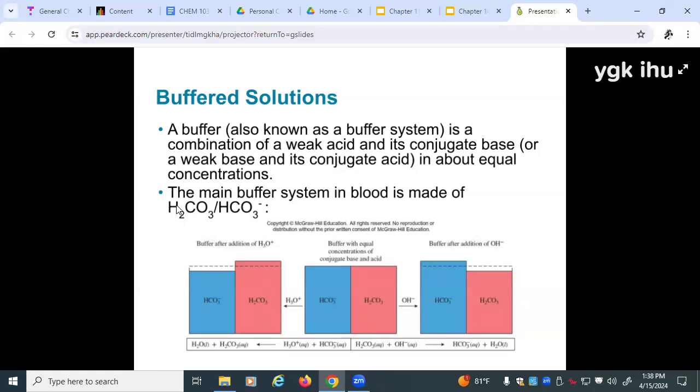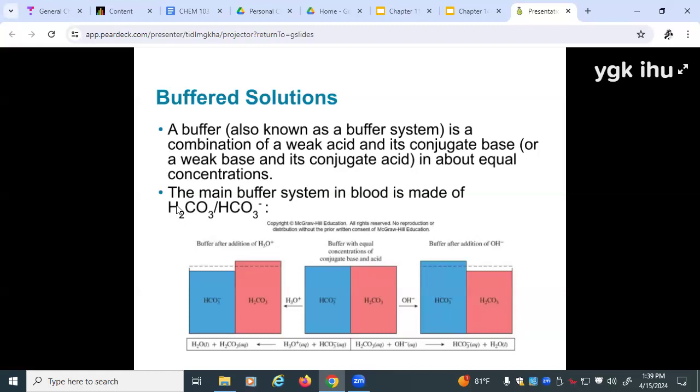And in your blood, you have a combination of two things, carbonic acid and bicarbonate ion. Now, what we need to know about those two things: carbonic acid is a weak acid. Bicarbonate ion is its conjugate base. Any solution that contains a weak acid and its conjugate base, both present in significant amounts, will exhibit this kind of buffer behavior.